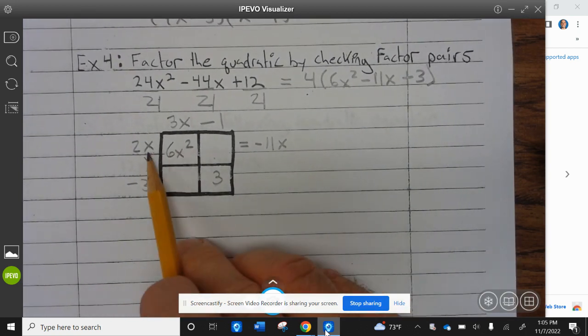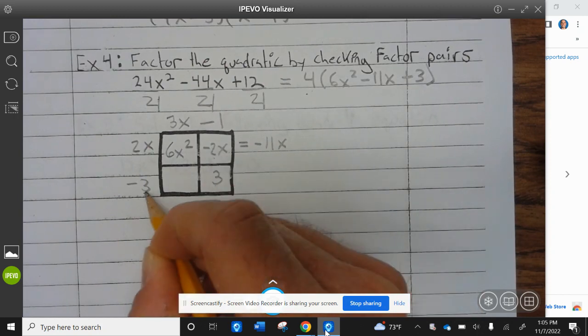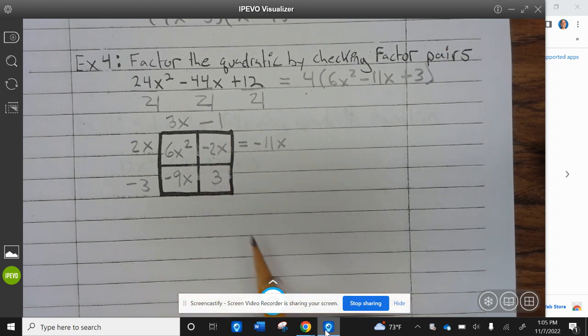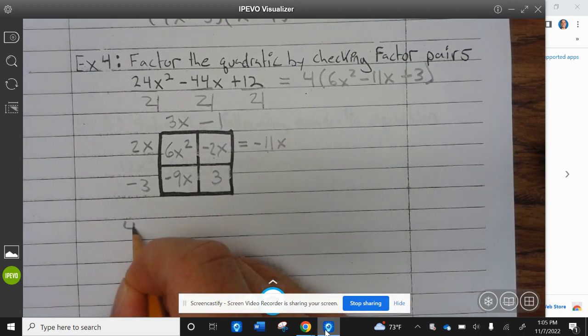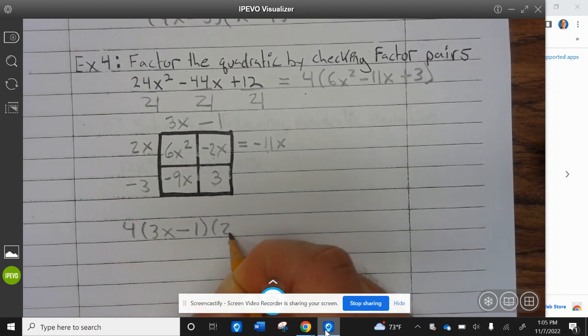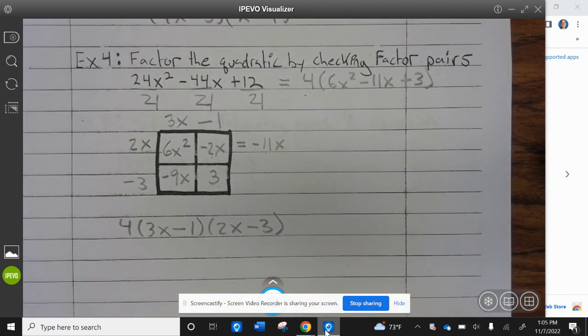Let's make sure this works. 2x times 3 is 6x squared. 2x times 1 is negative 2x. Negative 3 times 3 is negative 9x. Negative 3 times negative 1 is positive 3. These combine to be negative 11x. So our factors are 4 times 3x minus 1 times 2x minus 3. All right, go ahead and finish up example 4.